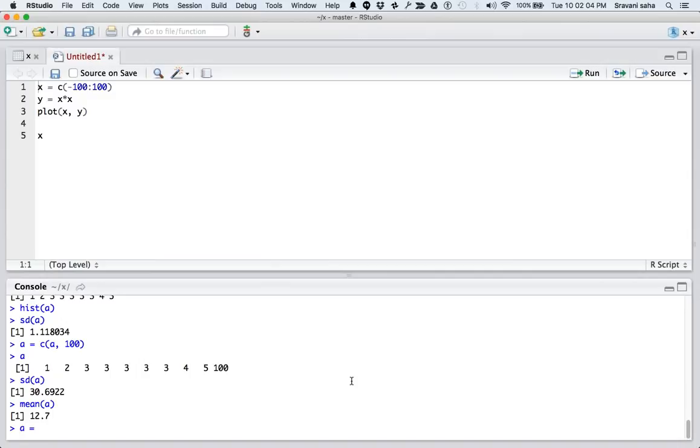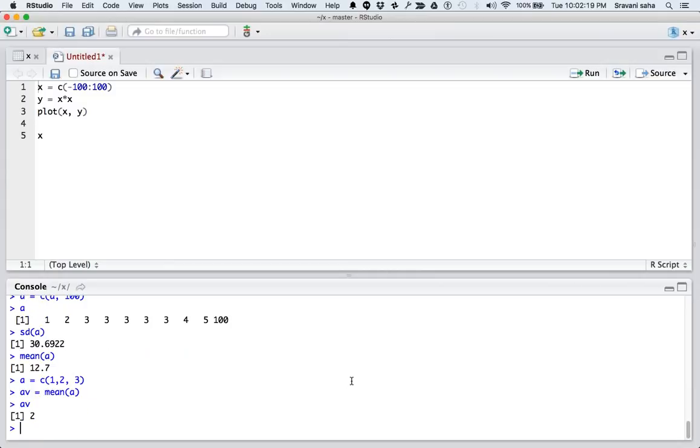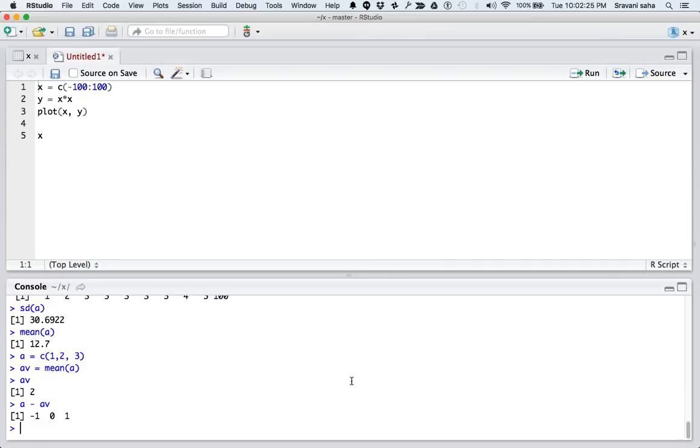Okay, let's try to see. Let's say we have C as 1, 2, and 3. Now our average, the mean, is 2. Now we subtract the average from each value and we call it the difference. If we say summation of differences, what do you see?